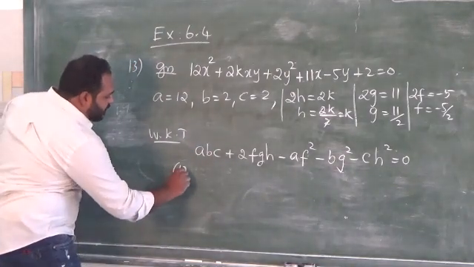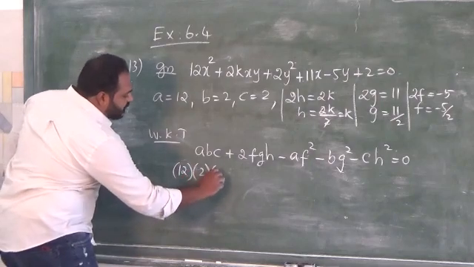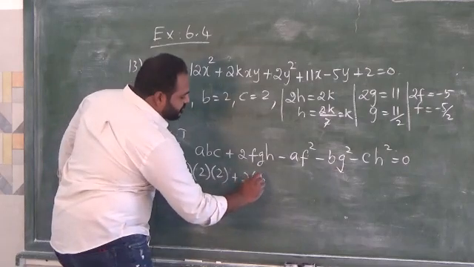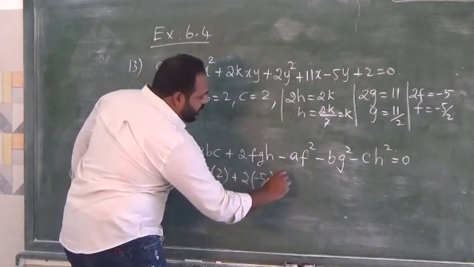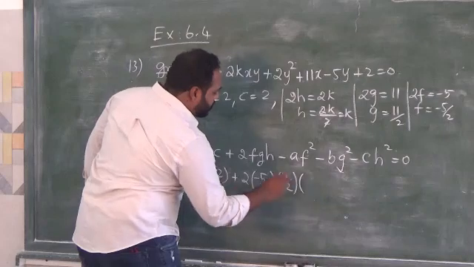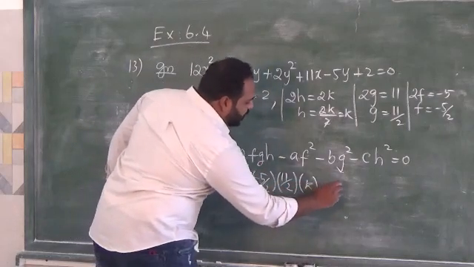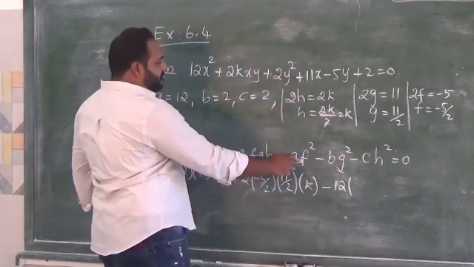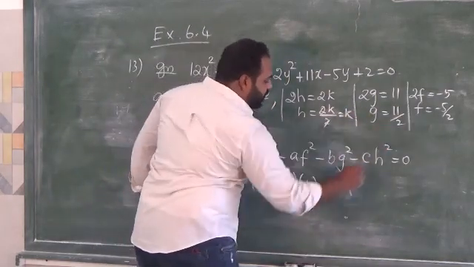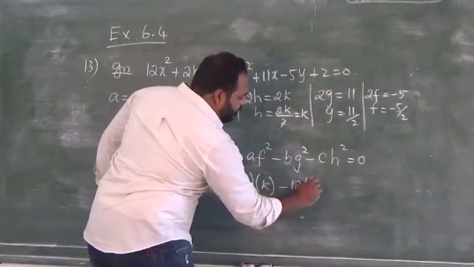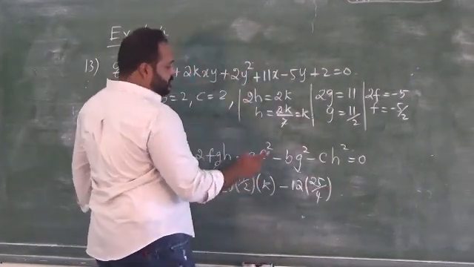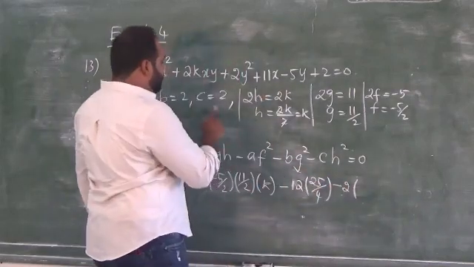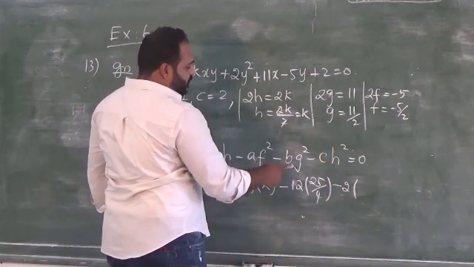Here we have a is 12, b is 2, c is 2, plus 2 into f, which is minus 5 by 2, g is 11 by 2, into h, the k value, minus a value 12 into f square. F square value, minus 5 by 2 squared, is 25 by 4. Next, minus b, which is 2, into g square.